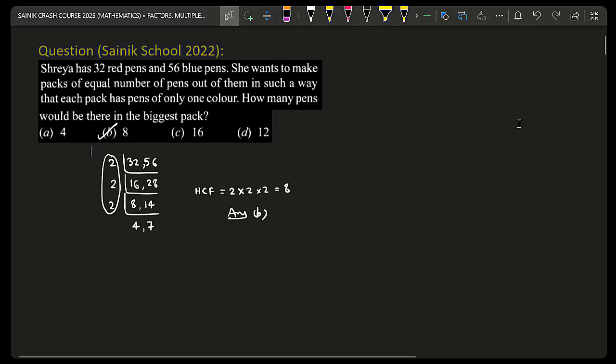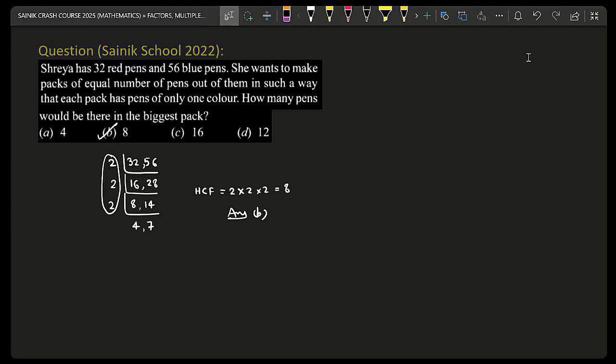Rishikesh? Yes, Rishikesh? Sir, how to find what problem is related to HCF or LCM? You have to analyze the question and think whether it is creating factors or whether it is creating multiples. For this question, you only say, Rishikesh, she has 32 red pens. She wants to distribute them into some packs. Now the number of pens in each pack will be a factor of 32 or not? Sir, I can't understand the question. Can you explain again?